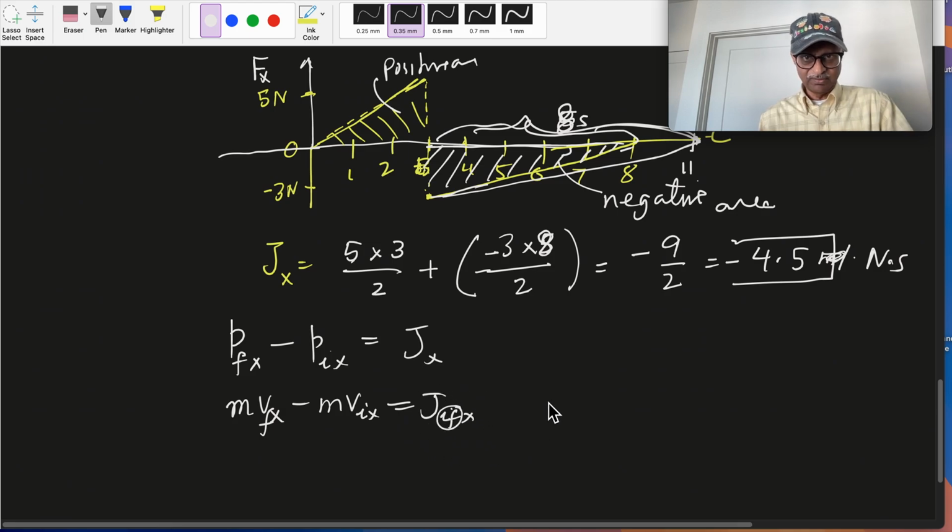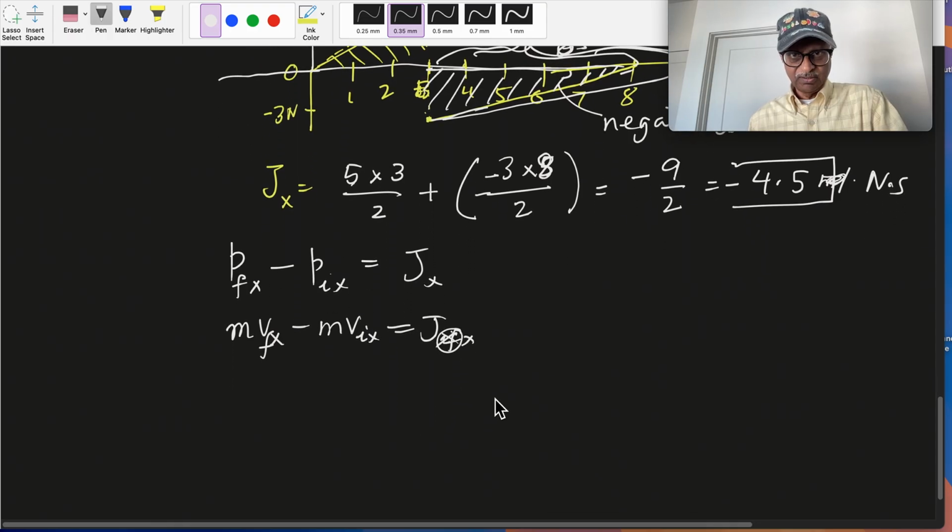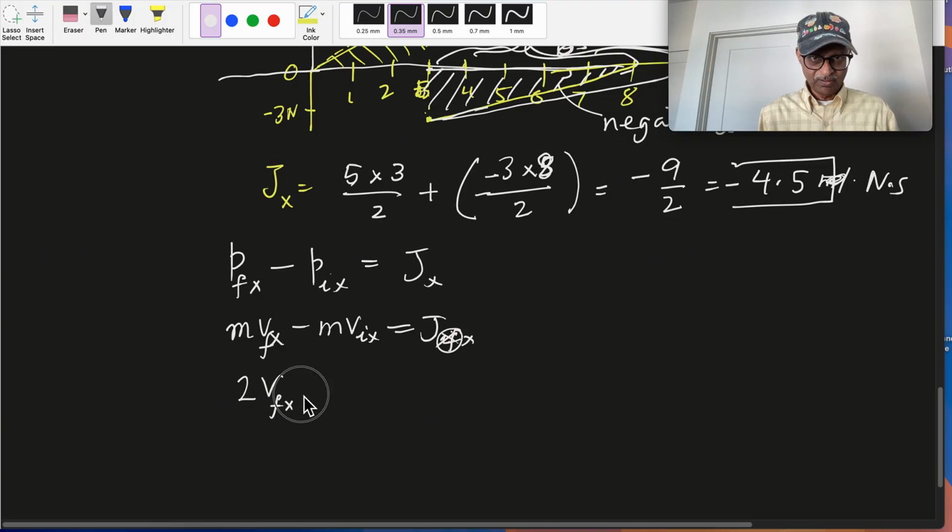We're not writing that, too much writing. Just writing Jx. So this one will be 2 v final x minus 2 times 3 is equal to minus 4.5. So this brings 6 to the other side.